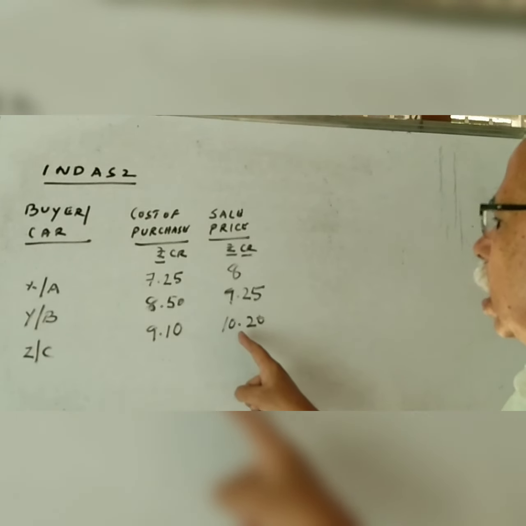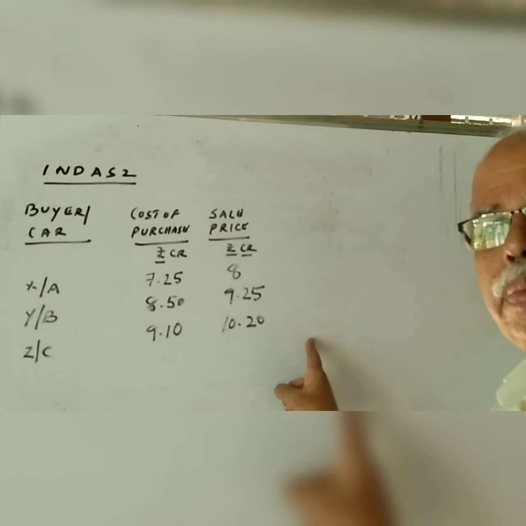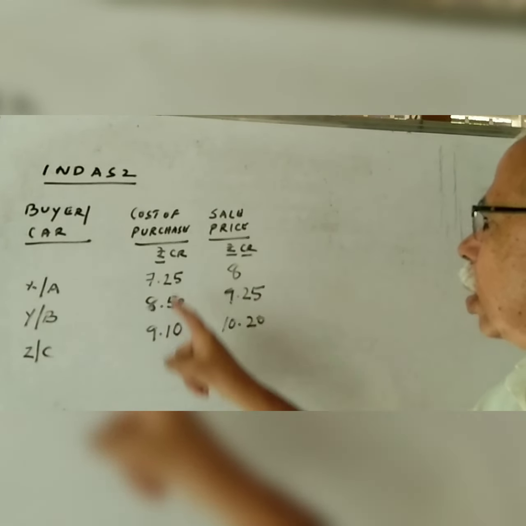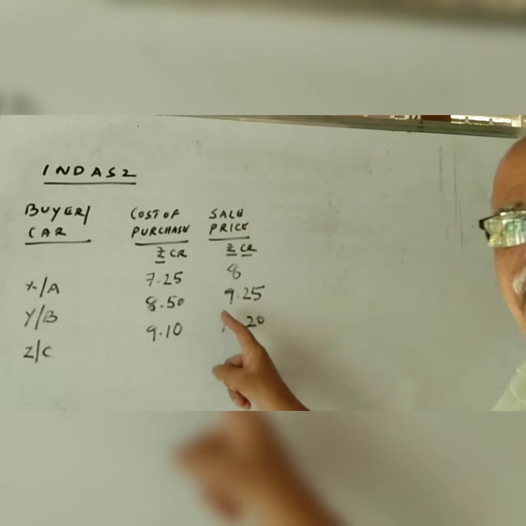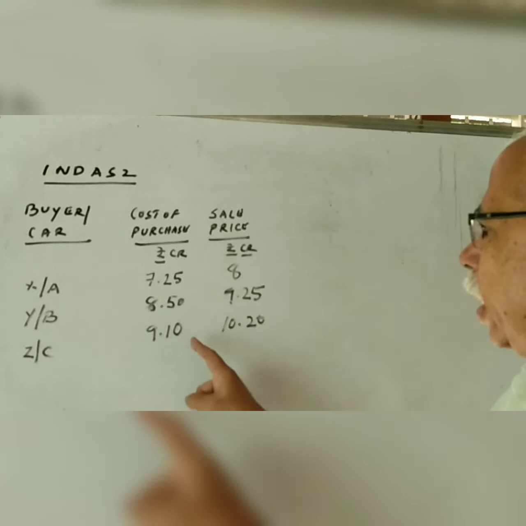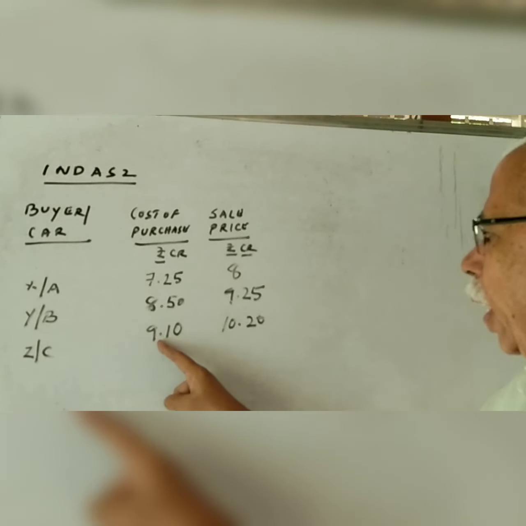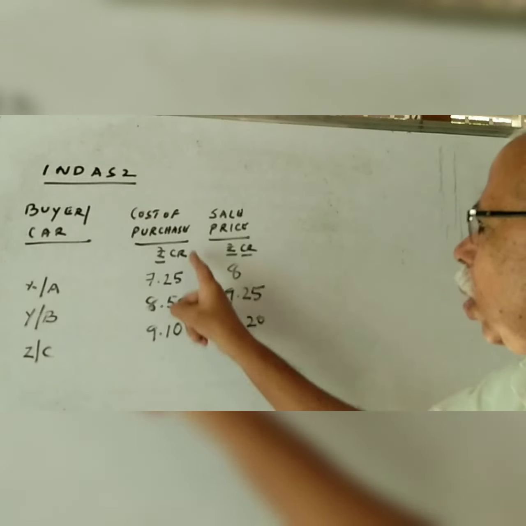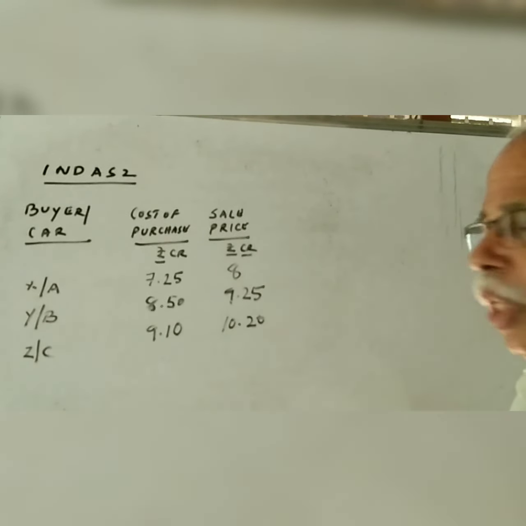Suppose this car is sold first. So we can use the specific identification method here and trace the cost of purchase to 9.10. No other method will be suitable for this.